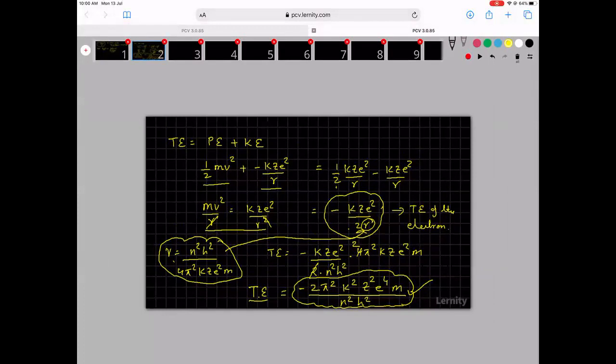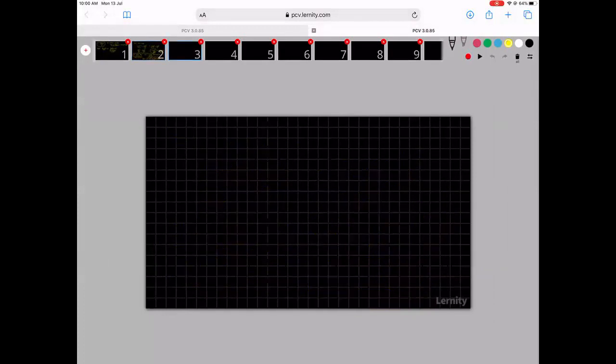Okay, so this is max that I could wait. So total energy is equal to kinetic energy plus potential energy.